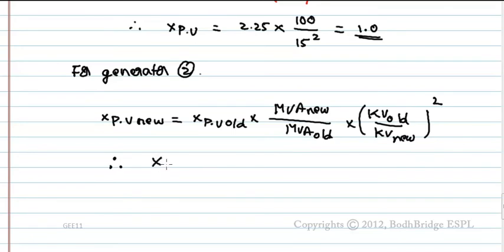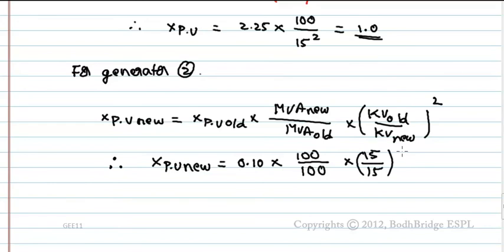Therefore, X per unit new equals 0.10 into 100 by 100 into 15 by 15 whole square. This equals 0.10.